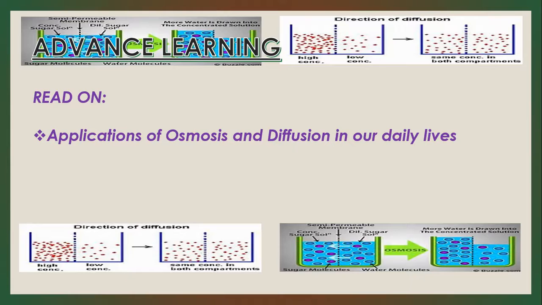Wilt means becomes weak, dry, and falls when so much fertilizer is applied to the plant.